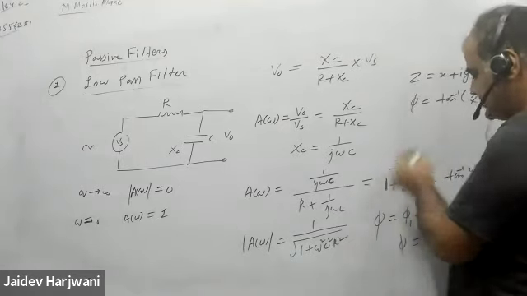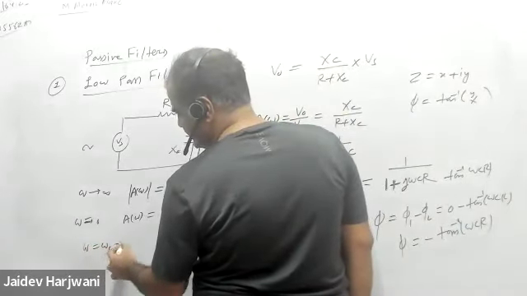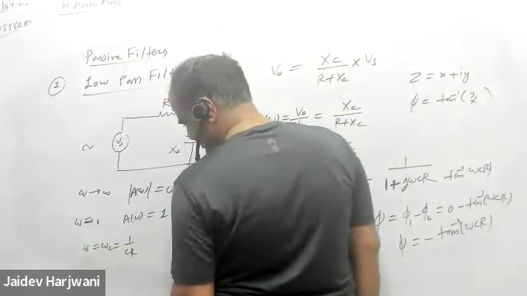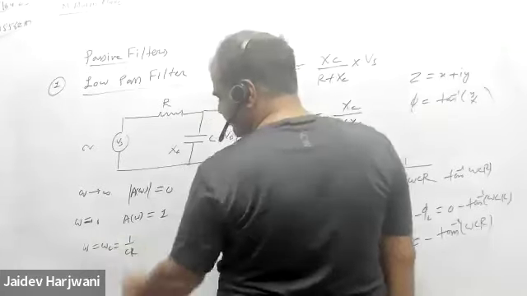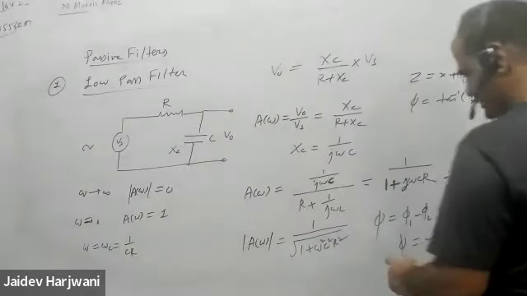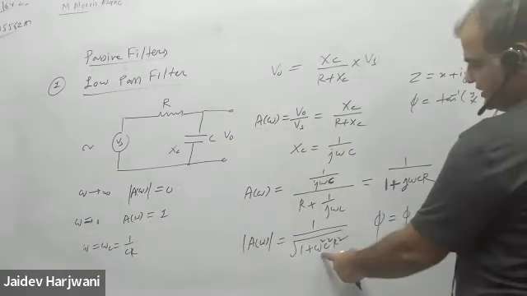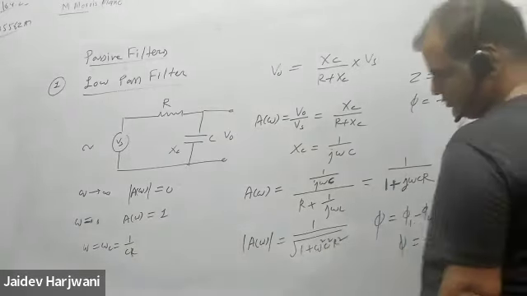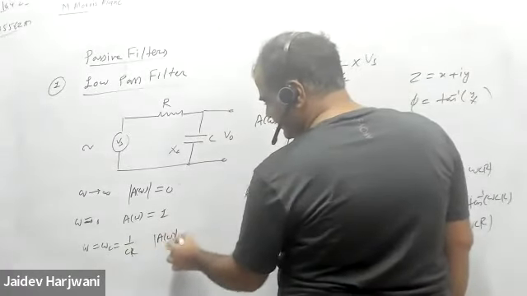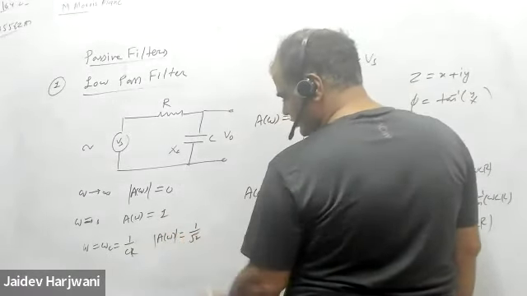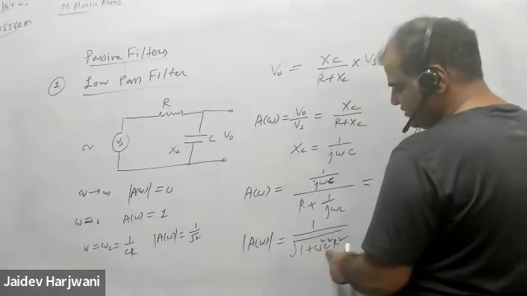Now if I say my omega is omega C, which is 1 by CR, and I measure the gain at the cutoff frequency, where omega is 1 by CR, then the gain will be 1 by root 2. If I put omega equal to omega C, omega is 1 by CR.